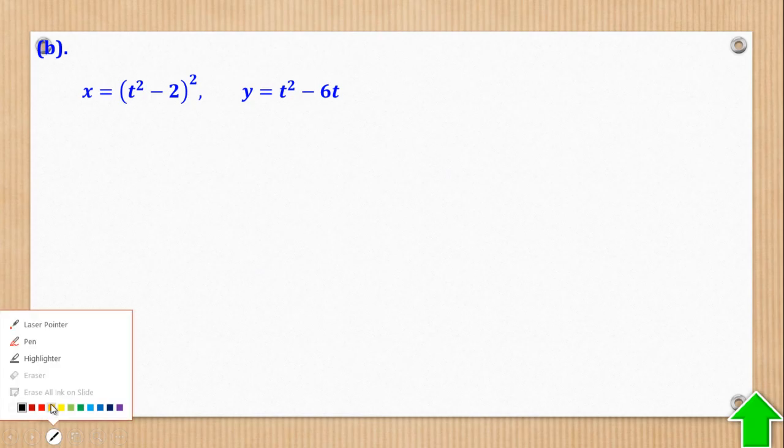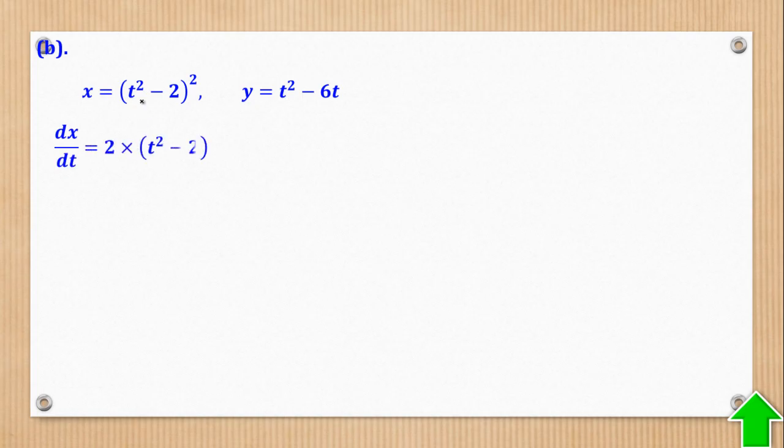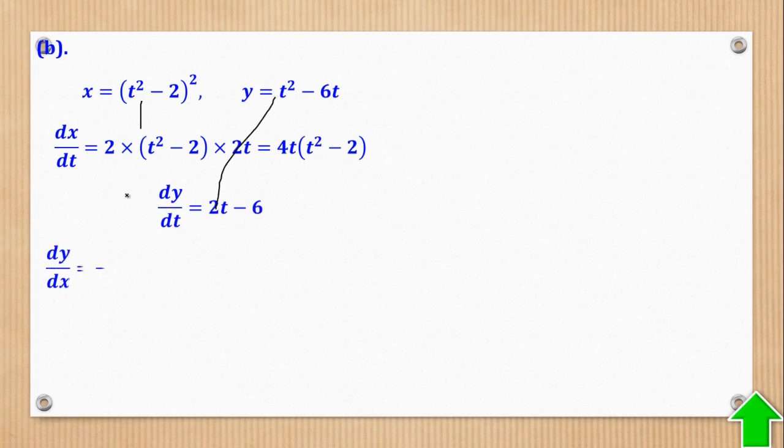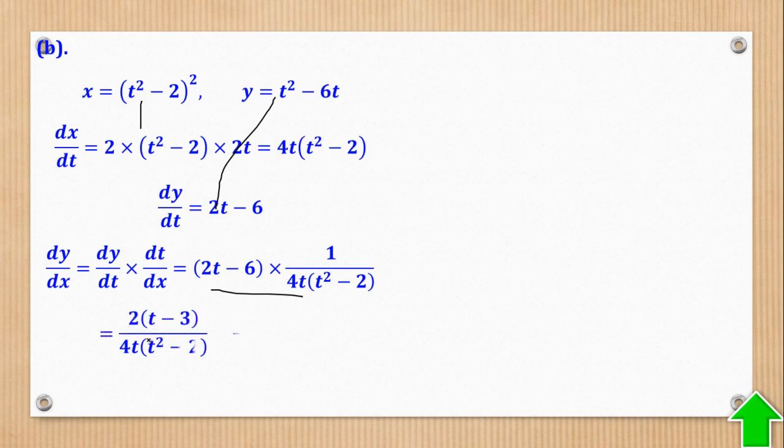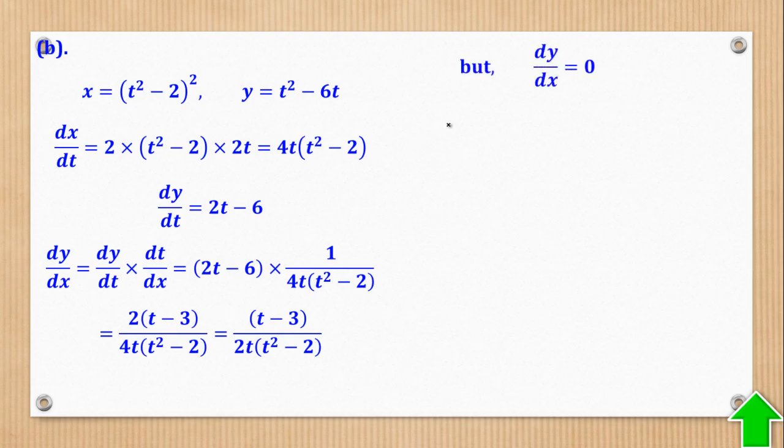So x is that, y is that, so dx/dt gives that, dy/dt gives that. Therefore, dy/dx by chain rule, I'll come up with this product, which can be simplified to get that. But dy/dx is 0, so come and equate this to 0.